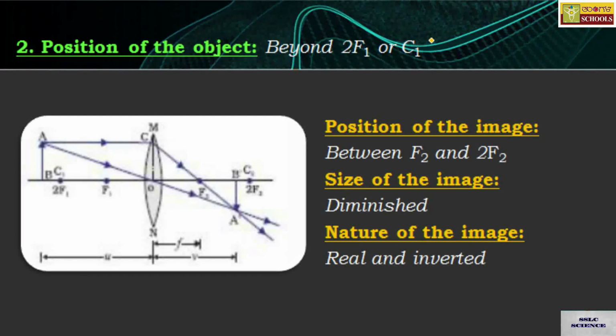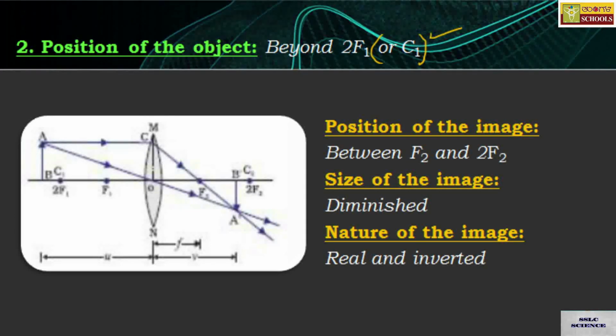So once you place the object at 2f1, or you may take C1, stick to any one of these. By that things become easy for you. Okay, so for the object which is kept beyond 2f1, here you need to follow the rules one by one.